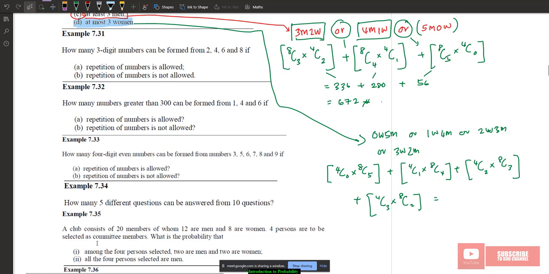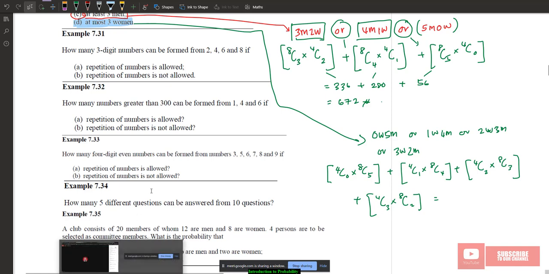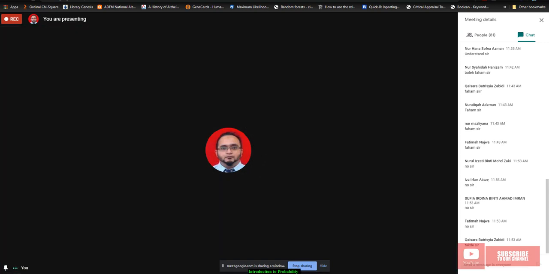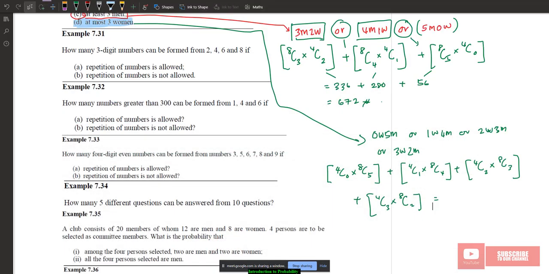Can you give me the answer for this one? At most 3 women. Can you speak up? Give me the answer. We just click on the calculator. 4 choose 0, multiply with 8 choose 5.